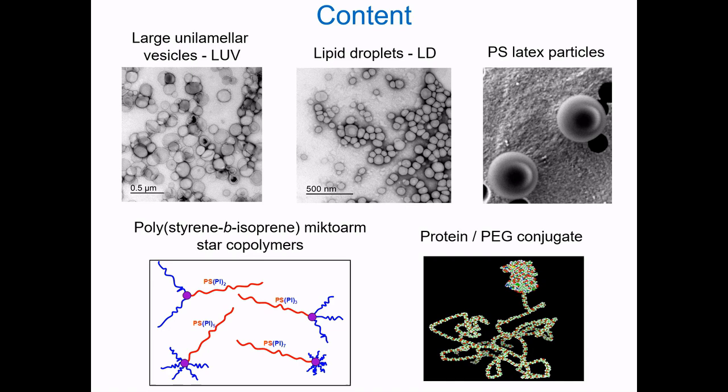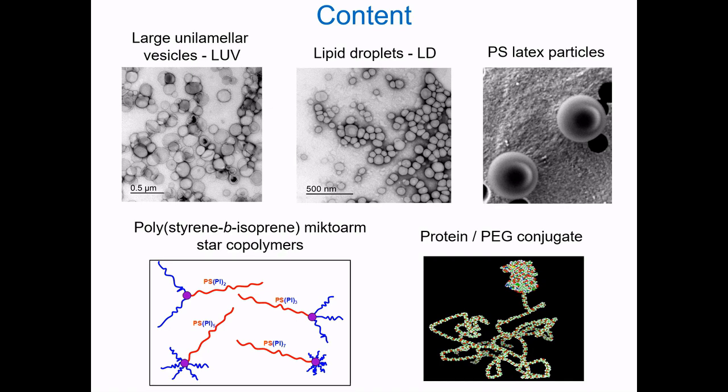In this case, AF4 was coupled solely to static and dynamic light scattering detectors in order to determine the size and shape characteristics of various soft particles like large unilamellar vesicles, lipid droplets, and polystyrene latex particles.